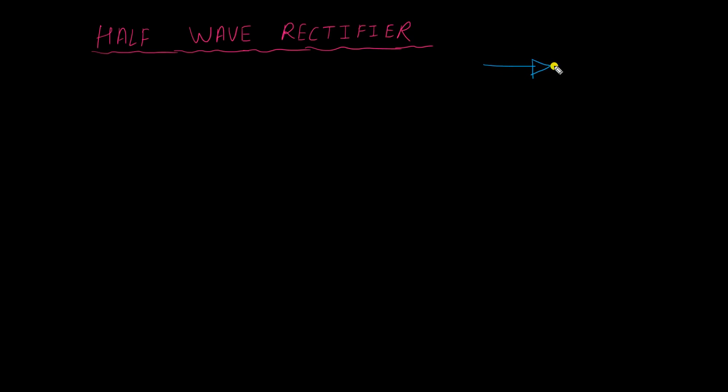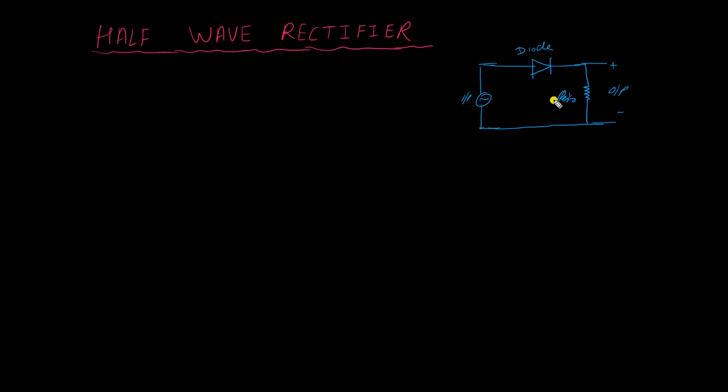So this is our diode, and with the diode we have to use one resistance also. In this way our circuit is ready. So this is the input side where we are going to apply our input signal, and this is the output where we are getting our output, and this is our diode and this is the resistor.